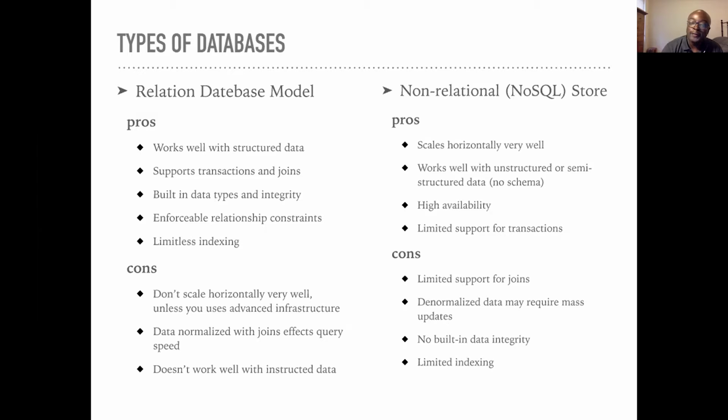It has high availability, so it's a very low likelihood of failure for your application. And it does have limited support for transactions, which are units of work that ensure some kind of procedure to your queries, so they go in as you intend them to.